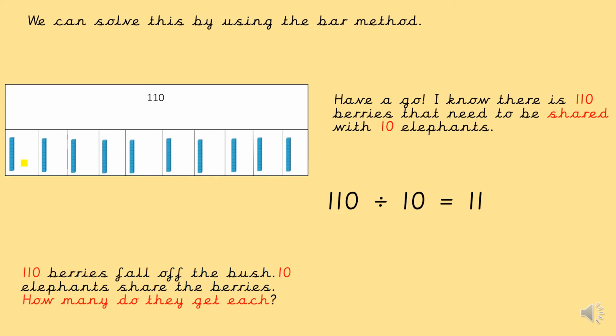That means the first part will have 11, the second part will have 11, and so on, because 100 plus 10 is 110.